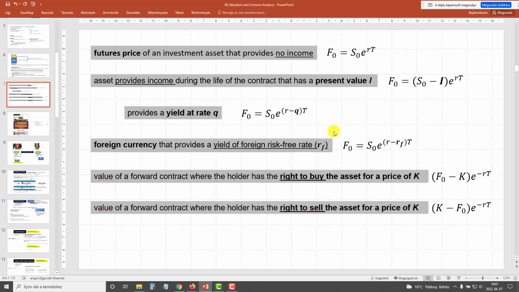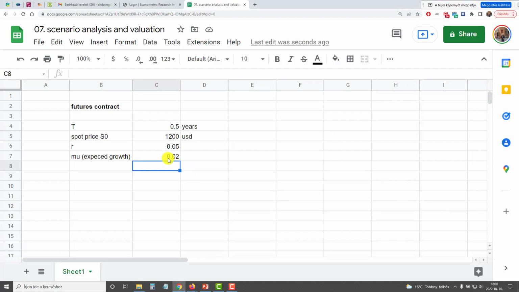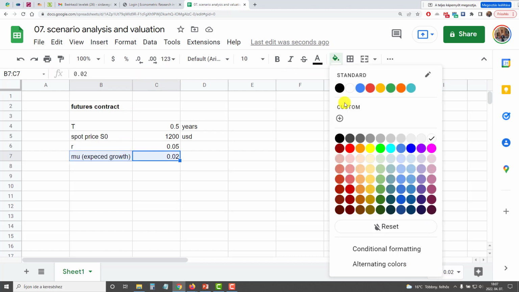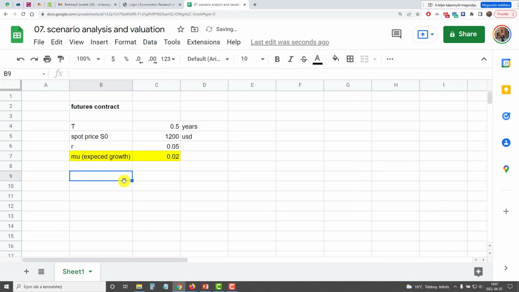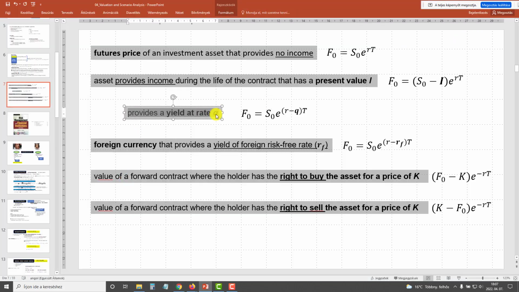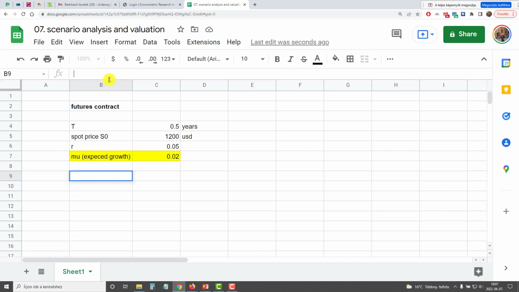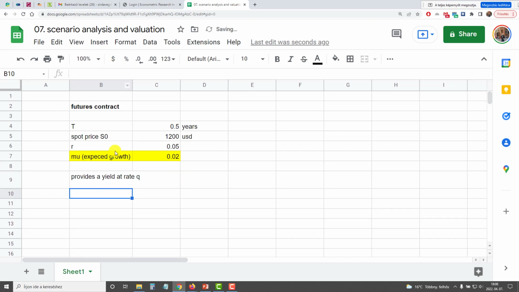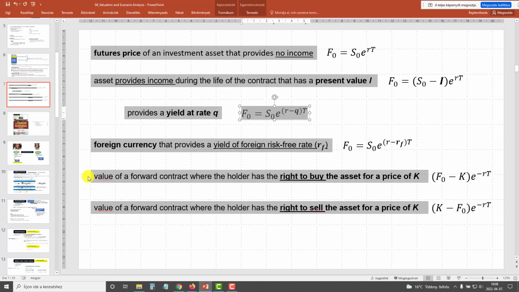All of them are futures contracts, but this one provides a rate at rate Q. So let's color it with yellow, and maybe we can write it here. Now we will remember it, not bring it to here.